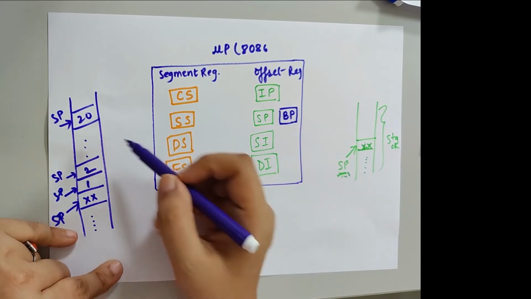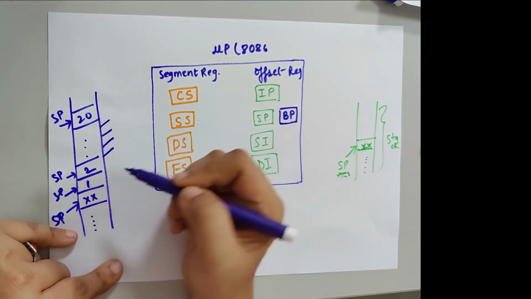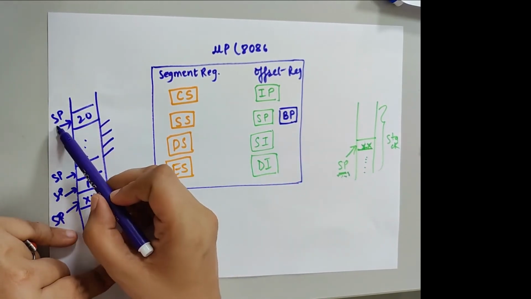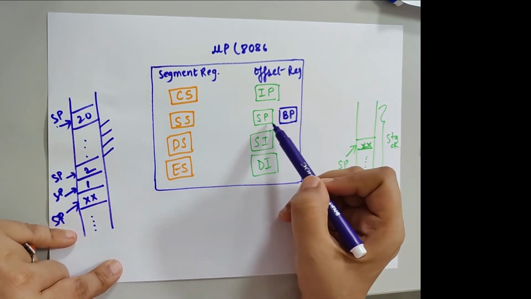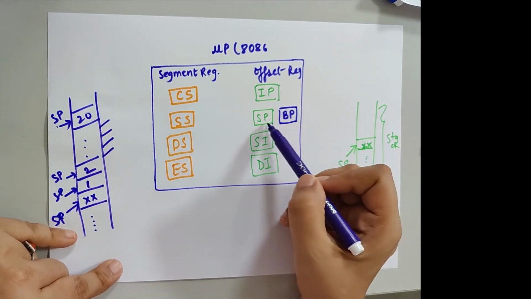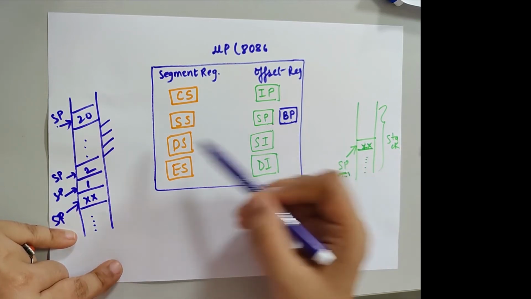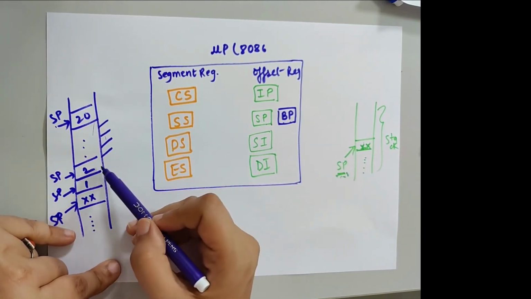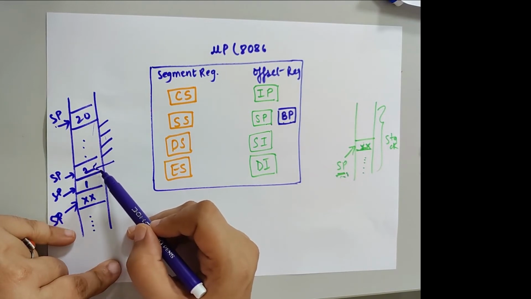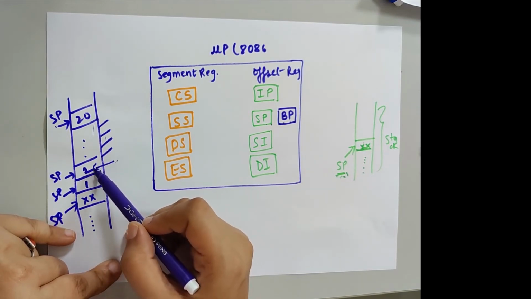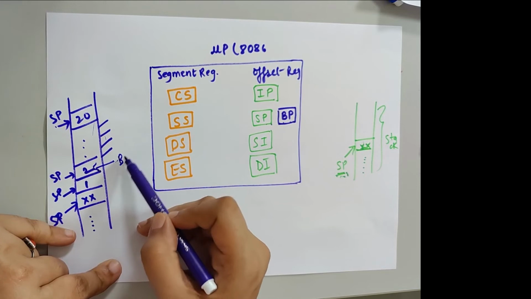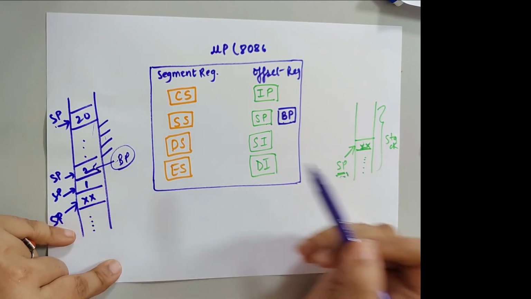This base pointer represents any location within the stack. So the stack pointer represents the current top of the stack, and the base pointer is used to represent any location within the stack. If I want to change only a particular location, any value at that location, I can access it with the help of the BP register, the base pointer.